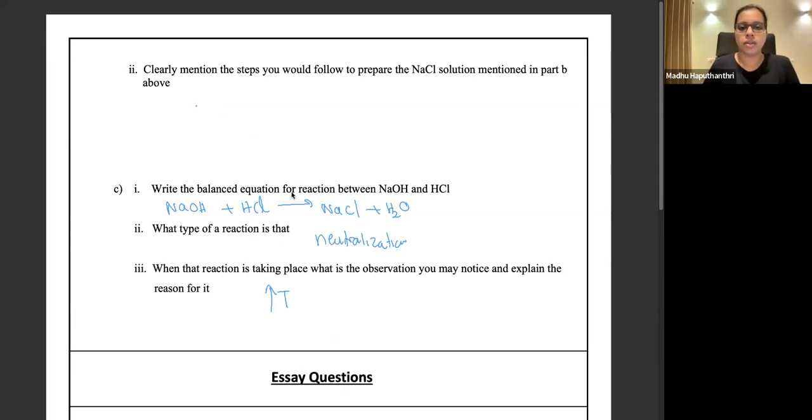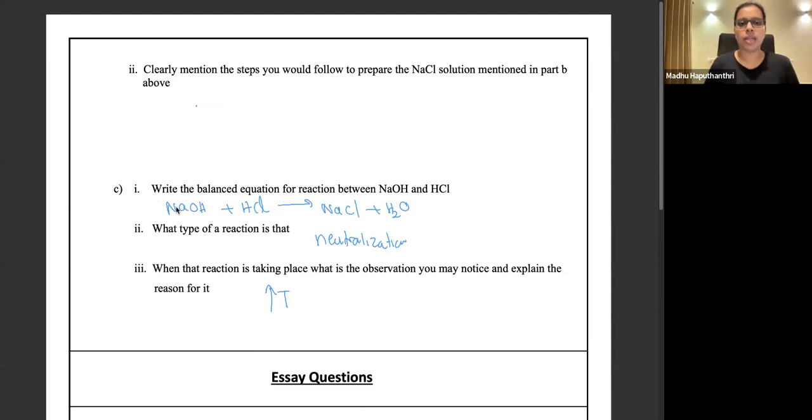For this one, double displacement is not the reaction type, it has to be neutralization. Because an acid and a base are reacting, no? So then it's particularly falling under neutralization. Double displacement you can take if two salts are reacting, then double displacement is working.